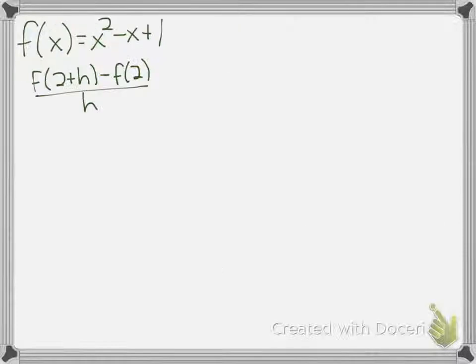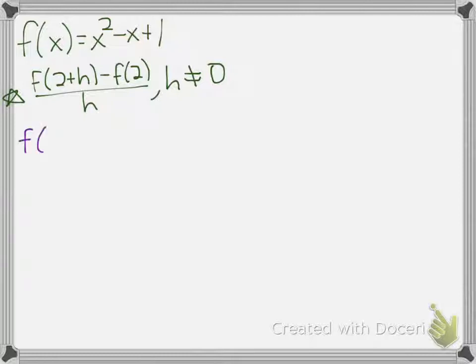So, let's do another one. A little bit more of this. This time, our function is x squared minus x plus 1, and the difference quotient they want is now f of 2 plus h minus f of 2. So, let's put some pieces together.